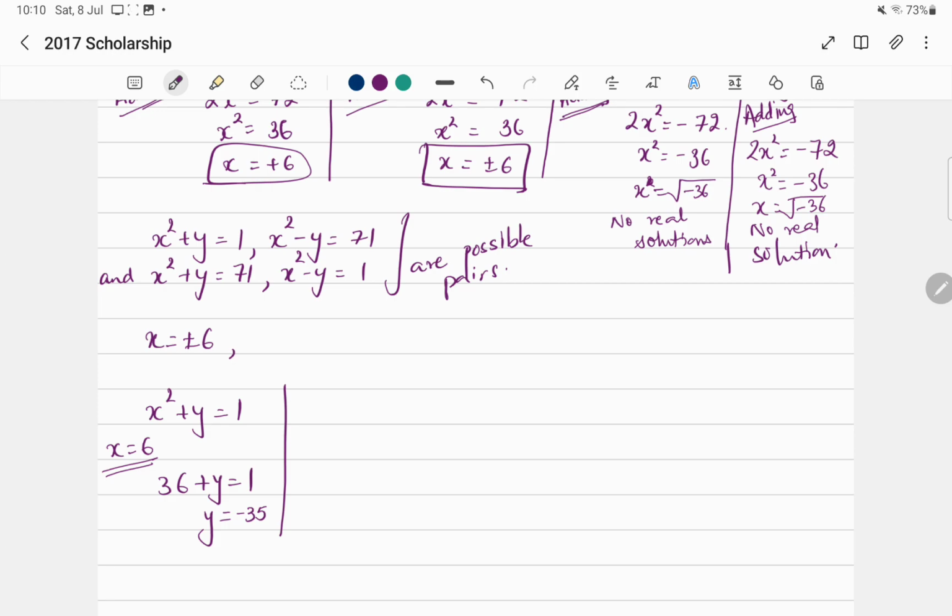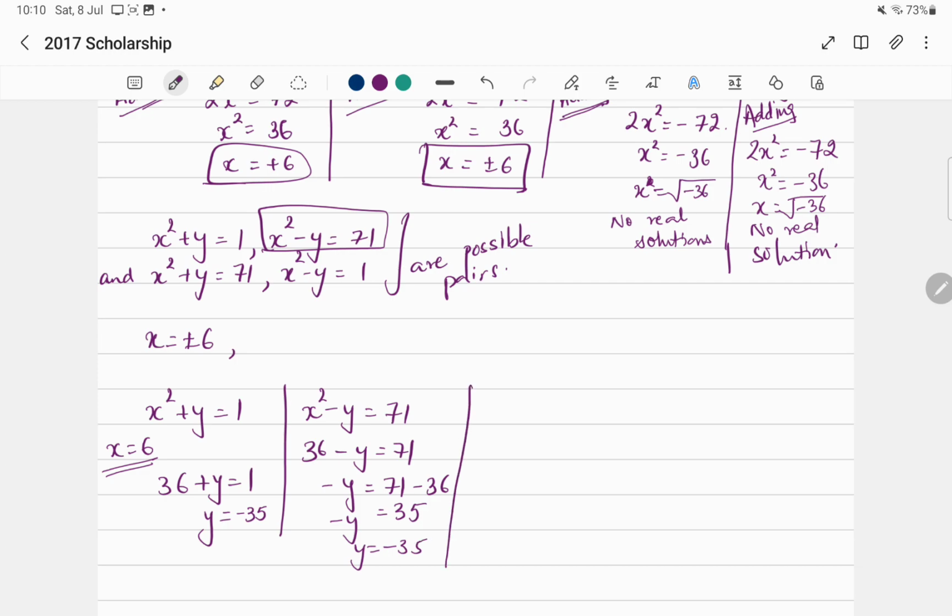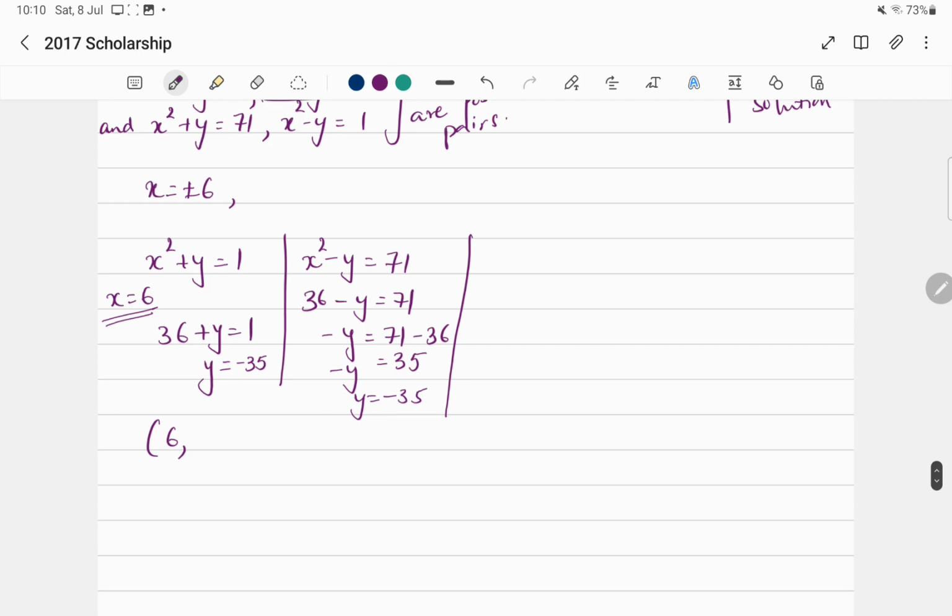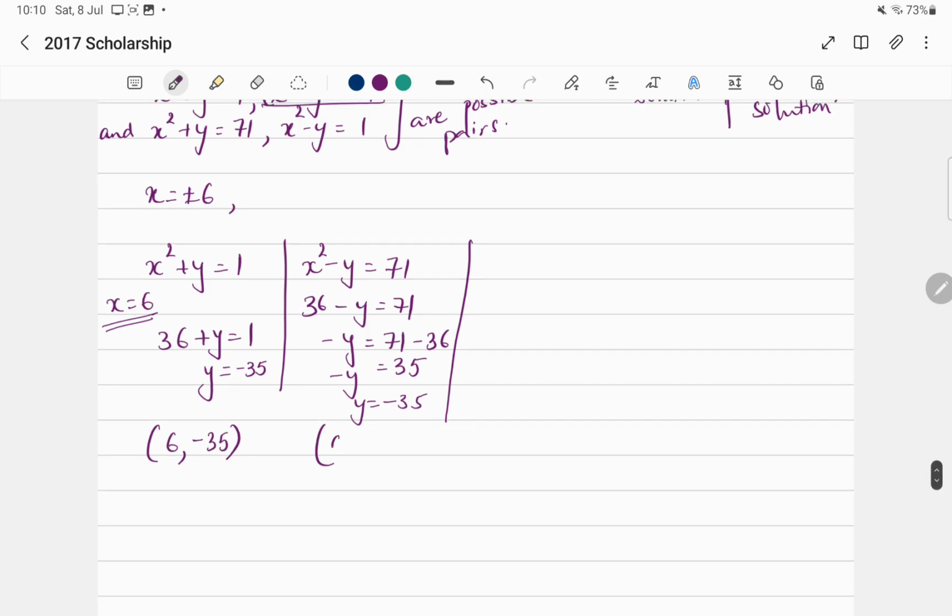Let's do the second one, x squared minus y equals 71. 36 minus y equals 71, so minus y equals 71 minus 36, which is 35. So y is equal to minus 35 as well. So when x is 6, y is minus 35.